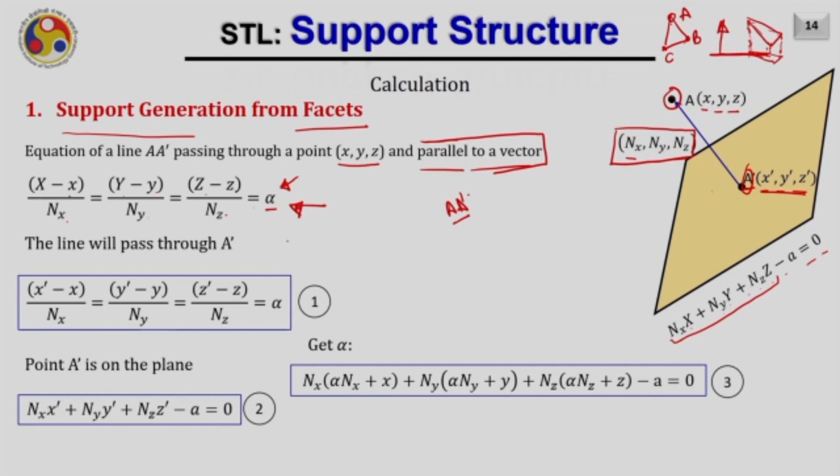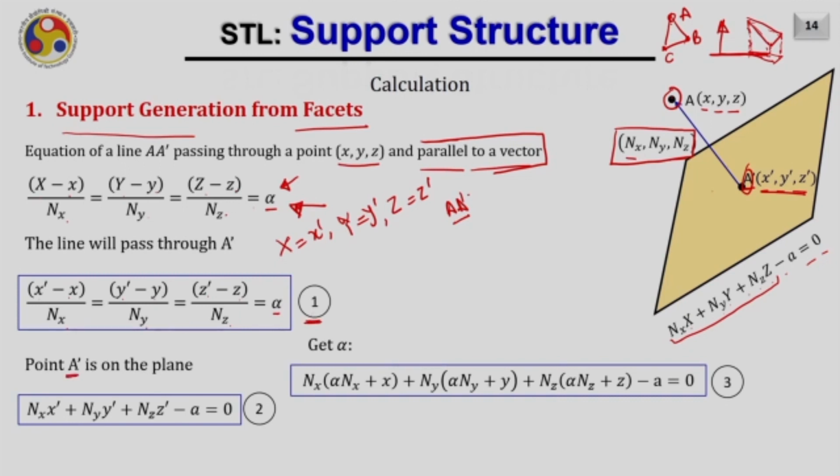Now, let me put this value here, replacing x by x dash, y by y dash and z by z dash. Hence, you will have x dash minus x by nx, y dash minus y by ny, z dash minus z by nz equals to alpha. Now, I am giving a number to this equation as equation number 1.